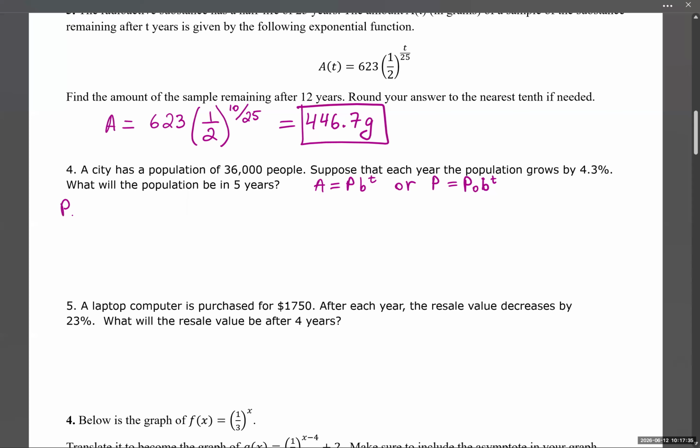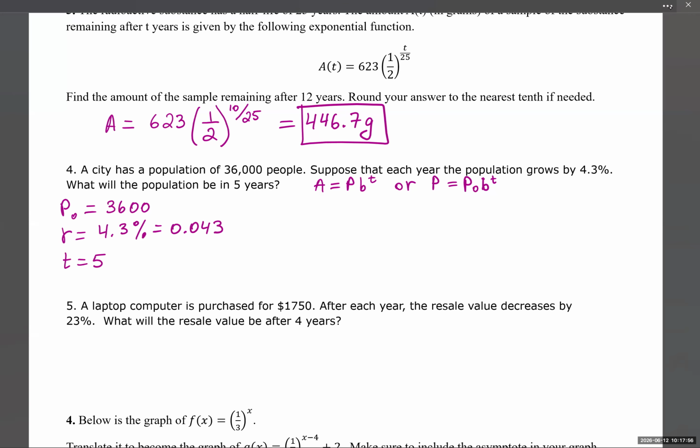We have P naught, which is the initial population at 36,000. We have r, not b, at 4.3%, so 0.043 in decimal form. And then we have t at 5.